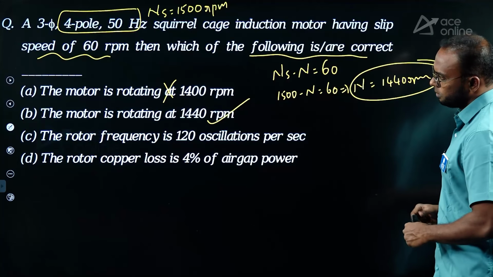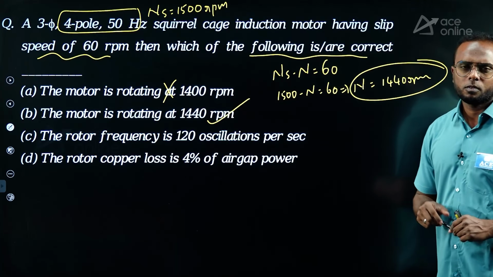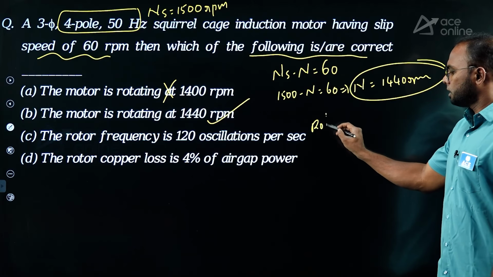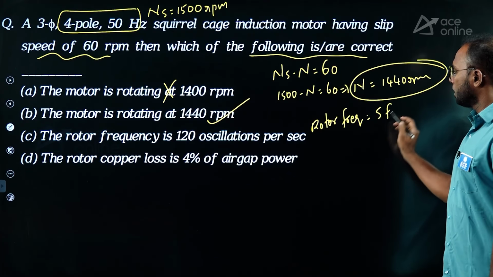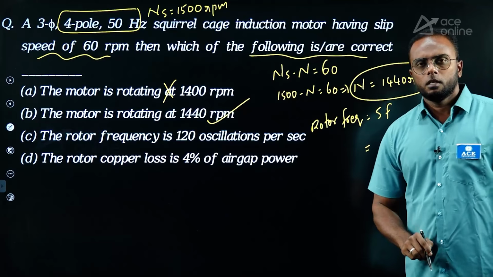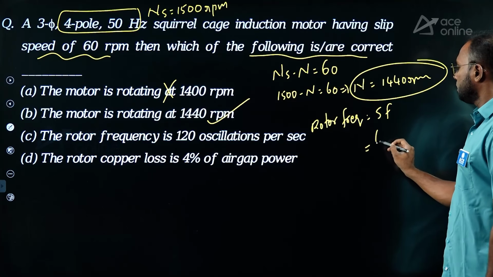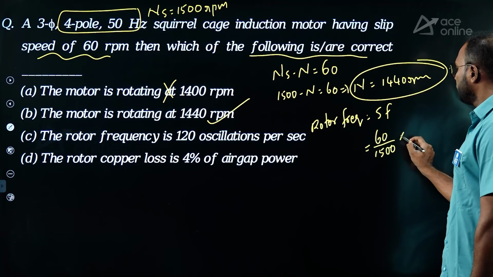Now the third one, let's check. The rotor frequency is 120 oscillations per second. What is the rotor frequency under running condition? The rotor frequency is nothing but slip frequency, no? The rotor frequency is sF. And what is the value of s here? s equal to (Ns minus N) by Ns. Ns minus N is 60, divided by Ns, 1500, into 50.